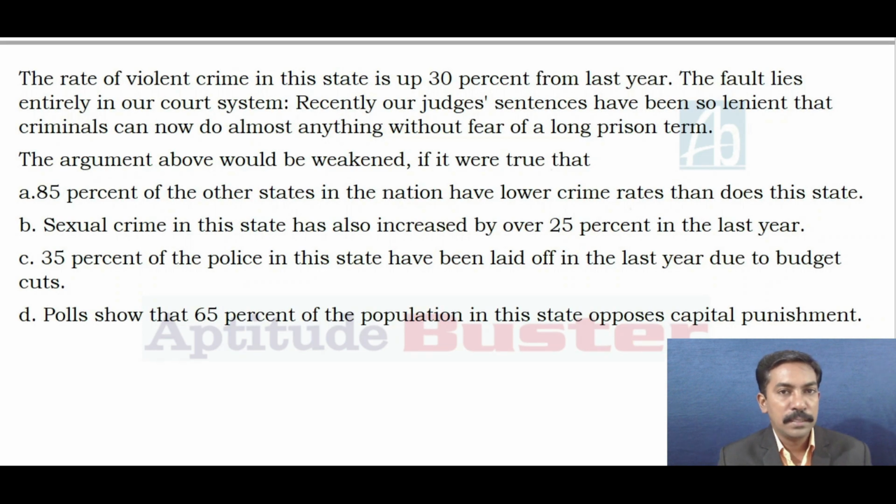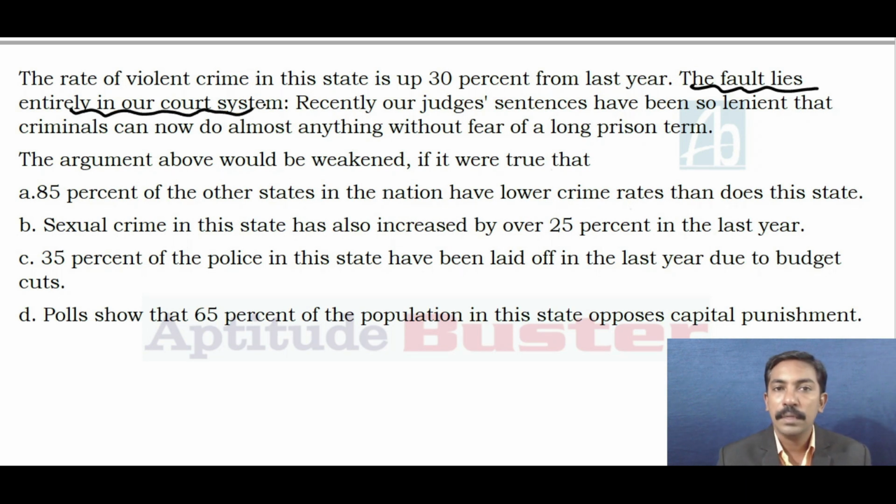The claim in the text says the rate of violent crime has increased in a particular state. Has the argument stopped at that point? No, it doesn't. It says why it has increased, because the text says the fault lies entirely in our court system.